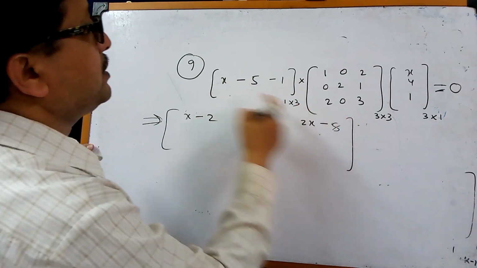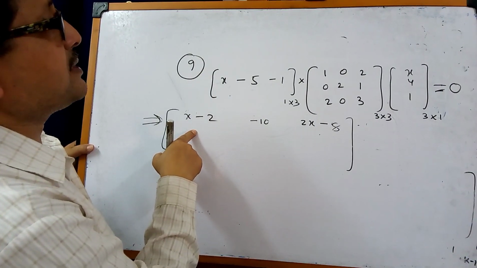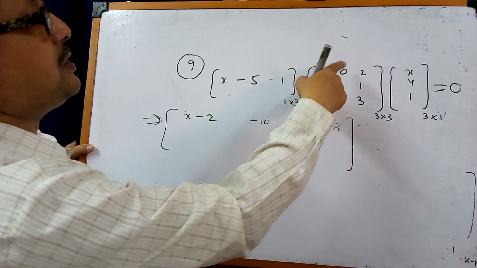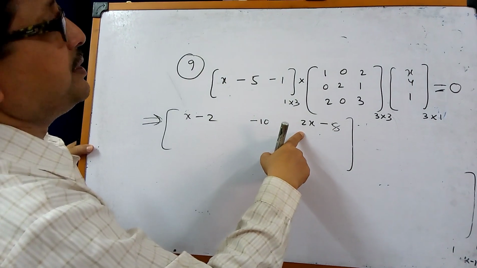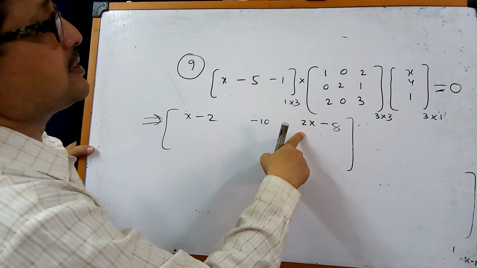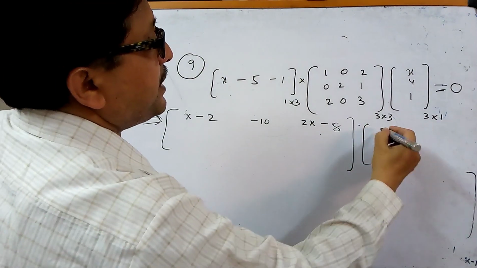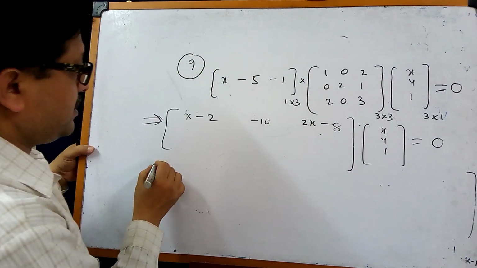Check once more. This by this, x minus 2. This by this, it will be minus 10. This by this, it will be 2x minus 5 minus 3, minus 8. This multiplied by [x; 4; 1] equal to 0 matrix.